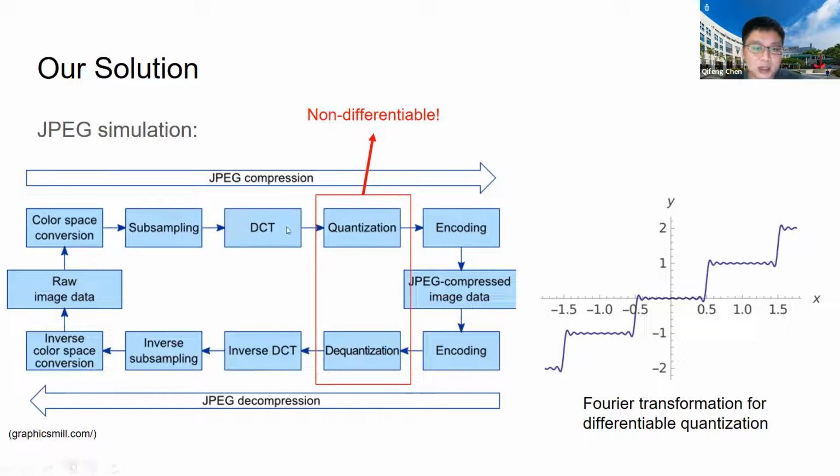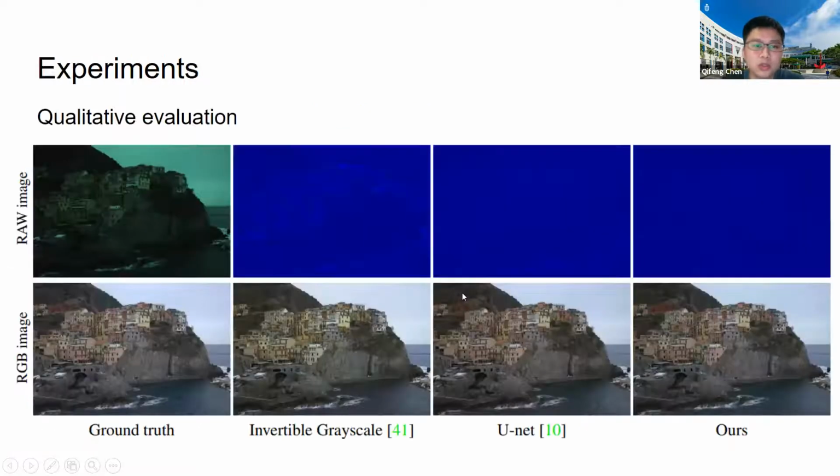Within this JPEG compression, there is a quantization step, and we use some Fourier transformation to approximate this quantization step, so that the JPEG simulator becomes differentiable. We also tried other types of architecture. Other types of architecture are basically encoder-decoder like architectures, and they don't produce the same quality as our invertible neural network.